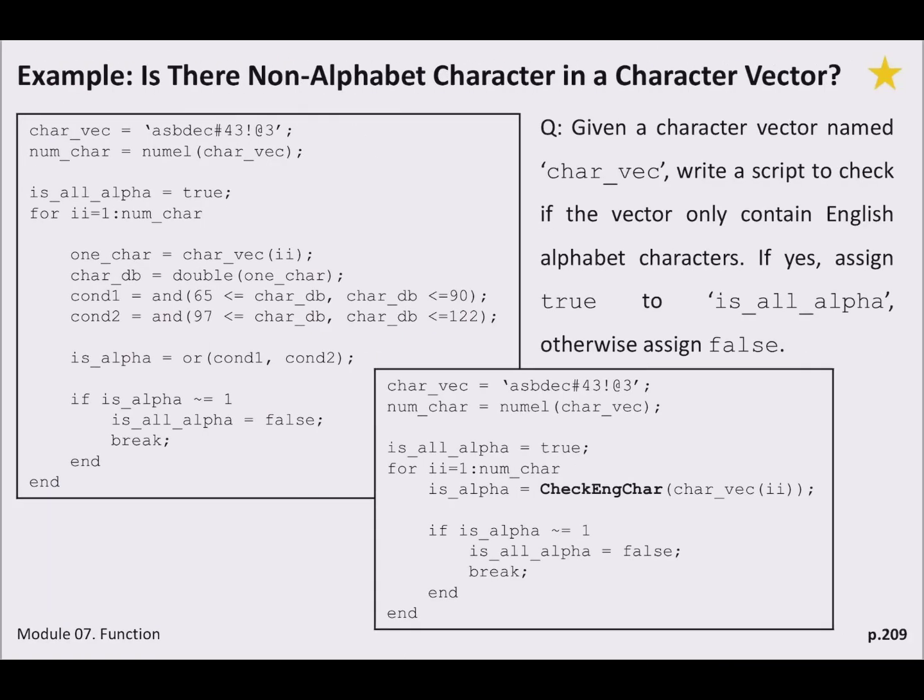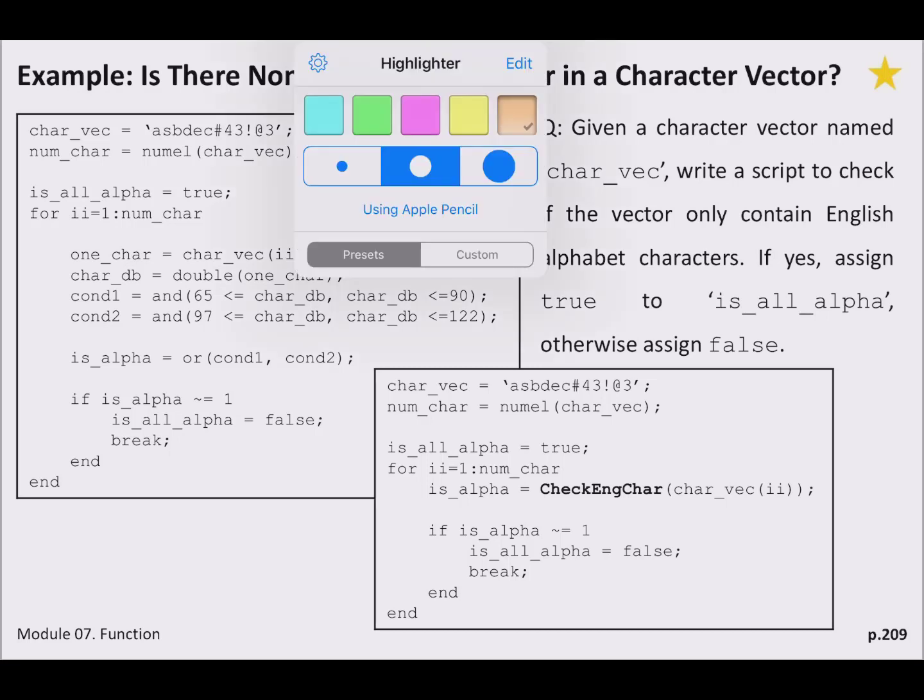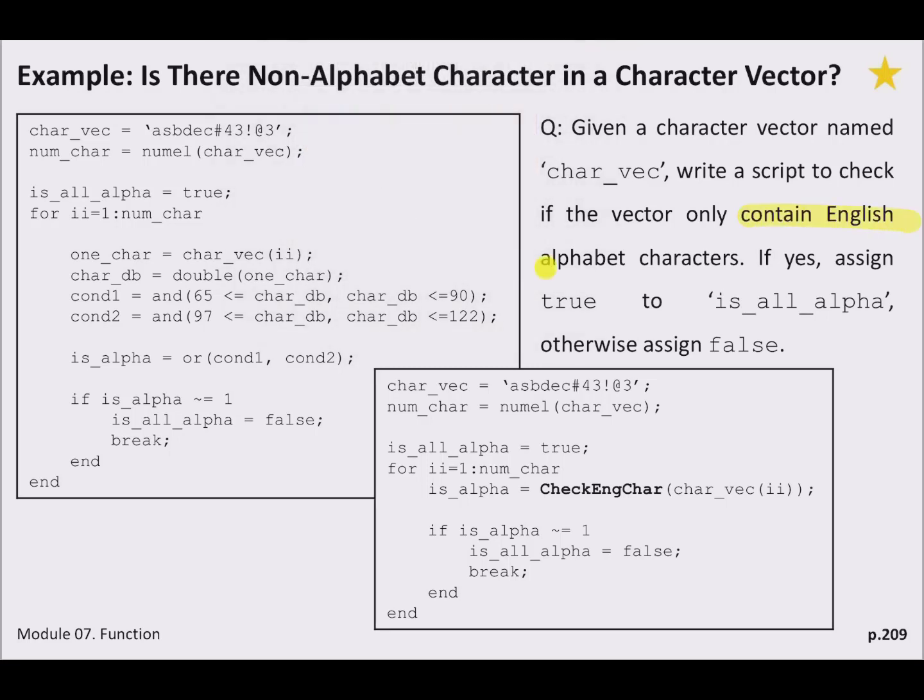So how about this problem? This question is to check if the vector contained only English alphabet characters or not. The script uses the same operations as the previous example. We first compute the number of characters and then make a loop statement with the iterator going from 1 to the numbers of the characters.